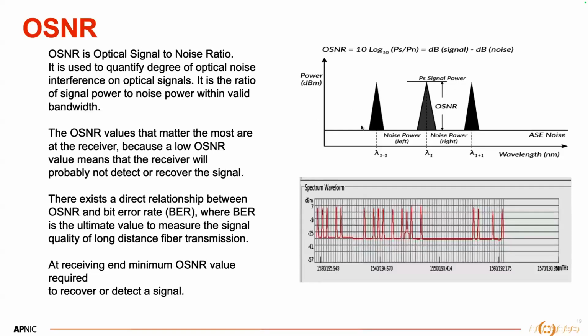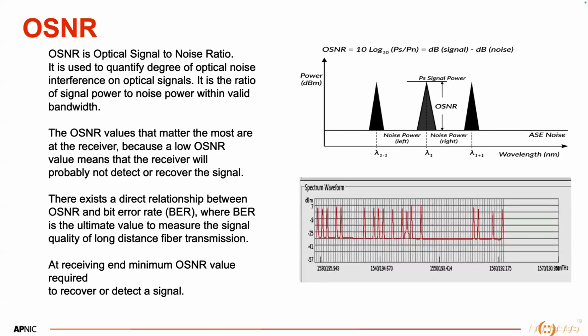So it's signal to noise ratio. The more the noise increases, the more the signal will be distorted, and there will be more interference, and the signal will be degraded more. So a low OSNR means that your signal quality is not that good.